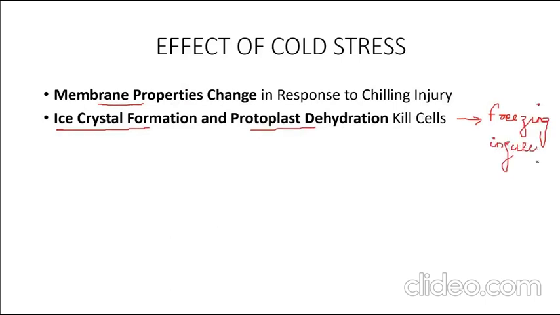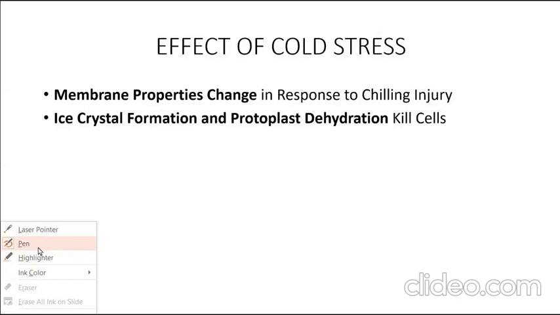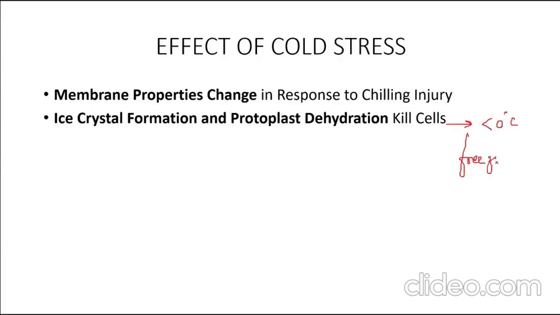When the plants are exposed to around 10 to 15 degrees centigrade, then membrane properties are changed. And when the plants are exposed to below 0 degrees centigrade, which is the freezing temperature, it causes ice crystal formation and protoplast dehydration.